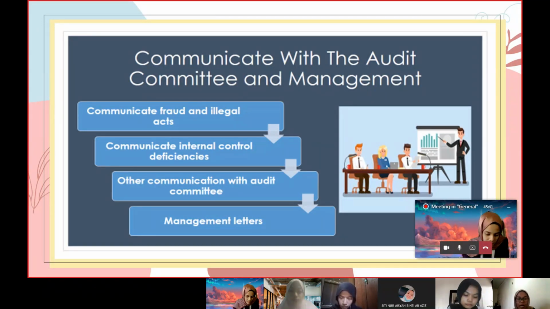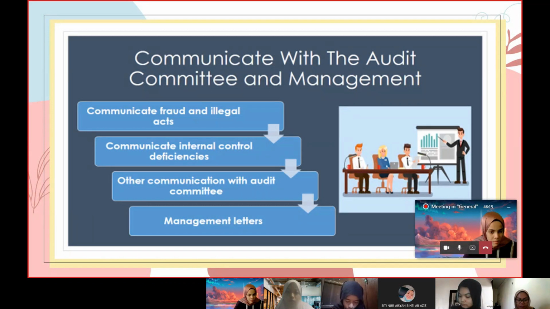Next, we move to the other communication with the audit committee. The purpose is to keep the audit committee or others charged with governance informed about the significant and relevant information, oversight of the financial reporting process, and provide opportunity for the audit committee to communicate important matters to the auditors.